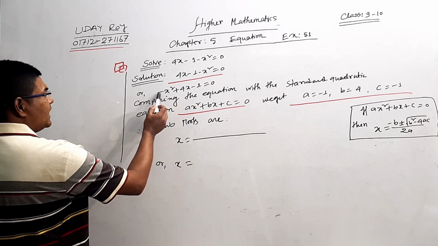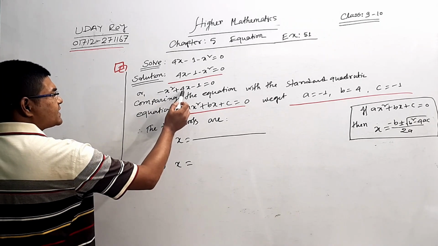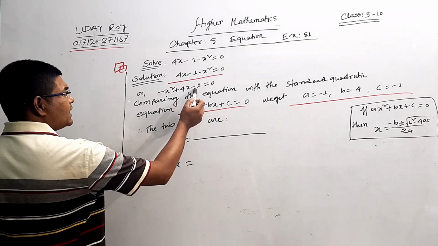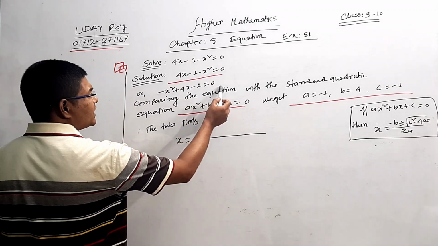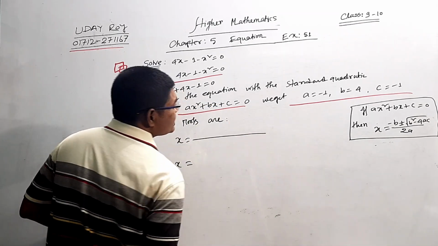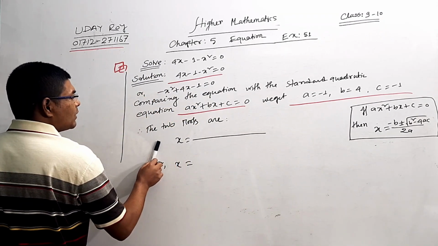You can see ax square, so a equal to minus 1, b equal plus 4x. For this bx, b equal to 4. Here c equal minus 1. We have got the values of a, b and c. So if we follow this, we can find out two roots of this equation.